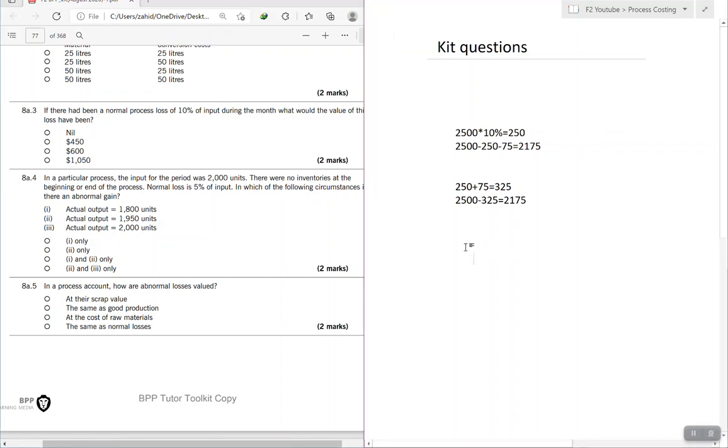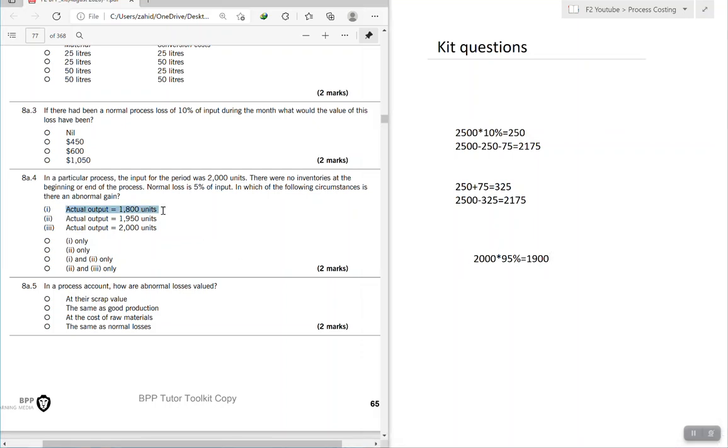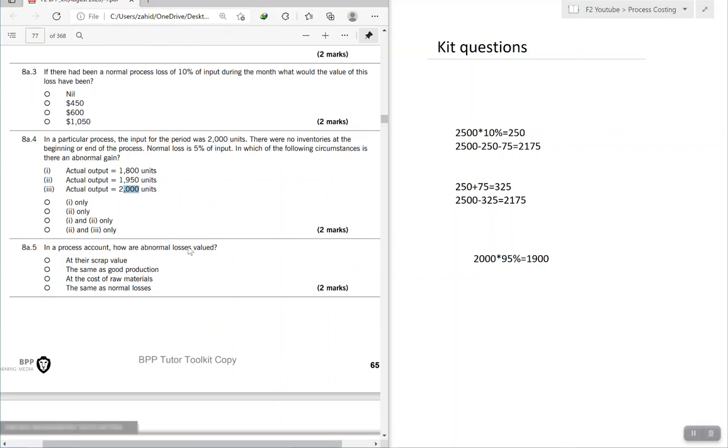So if we have 2,000 units and there is 5% normal loss, the expected output would be 95%, or 1,900. More than this would mean there is abnormal gain. So this is less, this is more, and this is more. So options 2 and 3, in both of these situations, we will have abnormal gain. Here we will have 50 abnormal gain, and here we will have 100 abnormal gain.